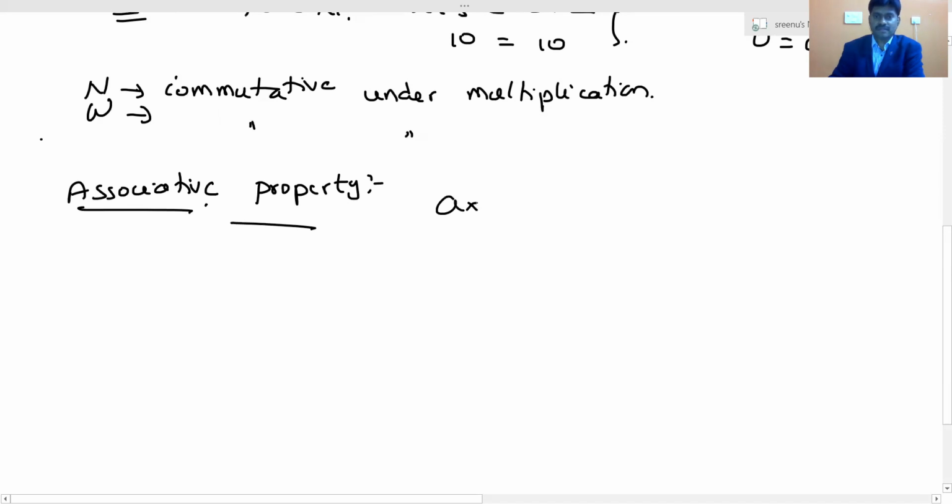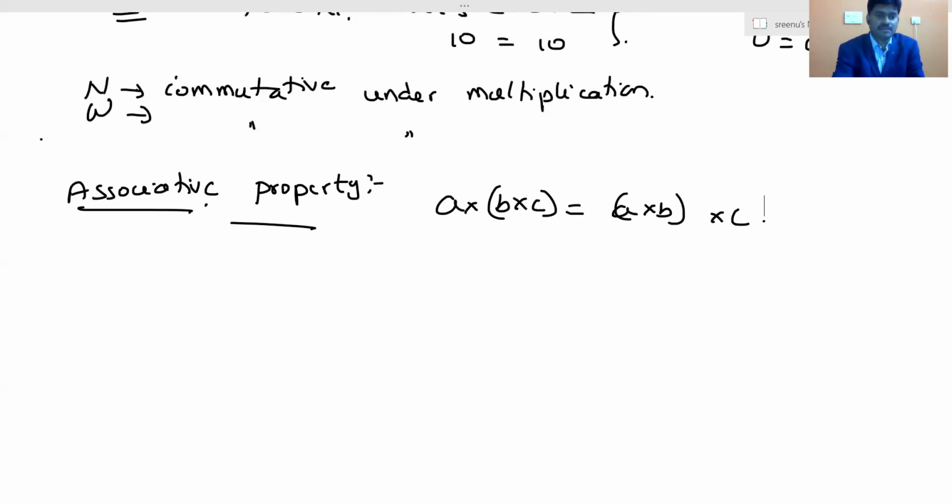Let's check A into B into C. Just check it out: (A into B) into C is equal to A into (B into C).